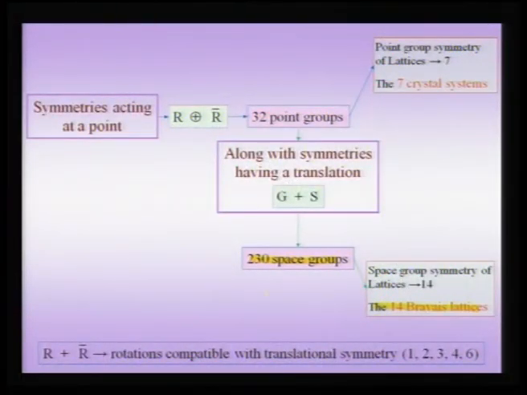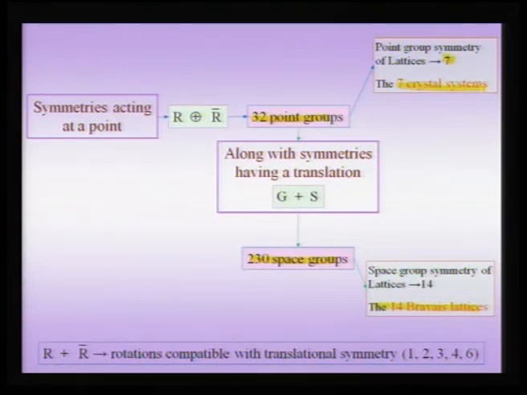So, let me summarize this rather complicated slide. If you are talking about symmetries acting at a point, then the allowed combinations will lead to 32 point groups, and we will see at least a couple of examples of what we mean by allowed combinations. Among these, those symmetries which survive when I am talking about symmetries of lattices are 7 in number, which correspond to the 7 crystal systems.